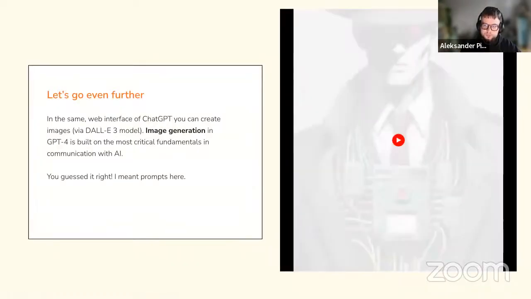So we can go even further. I was talking about making things possible with AI based on text, but if you don't know, 2 or 3 weeks ago OpenAI added the DALL-E plugin to ChatGPT, which is an image generation model that can generate images based on your prompts and detailed prompts.